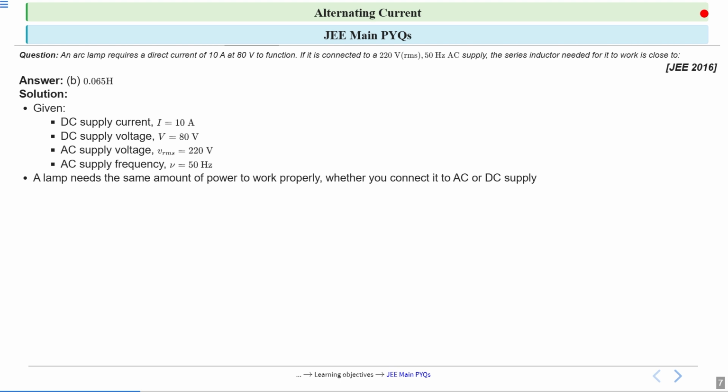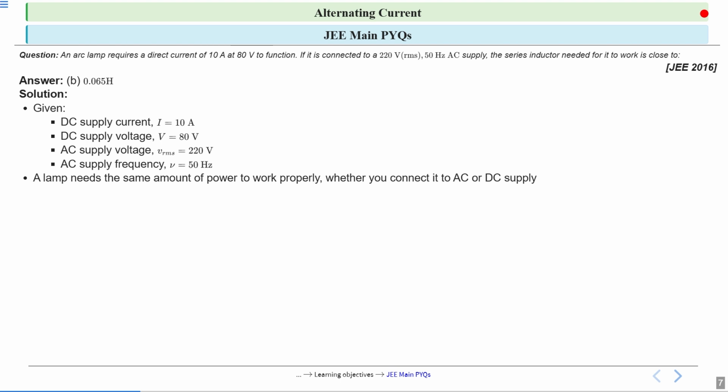But I RMS and V RMS are changing, so we have to connect an inductor in series so that the current is the same as the DC current, 10 ampere, and the voltage across the resistor is the same as the DC voltage. In the case of voltage we would have to take phase differences or a phase diagram, which makes it complex, so we'll solve it in terms of current.